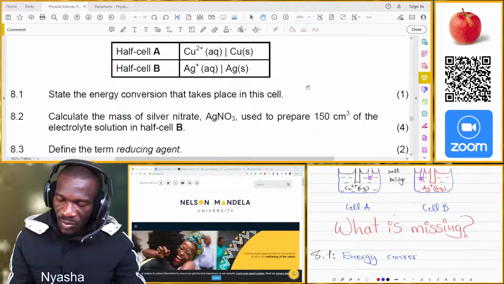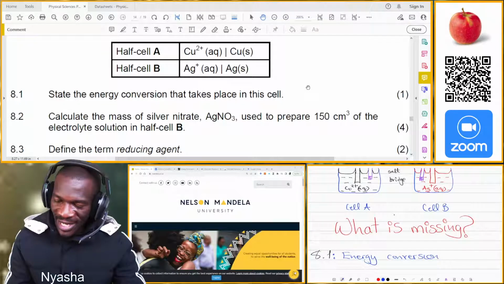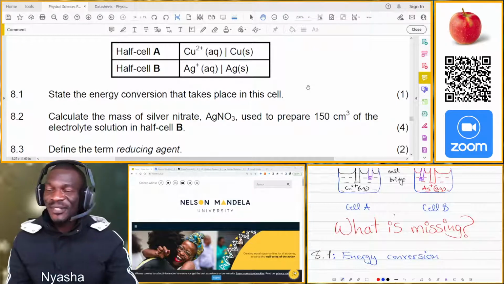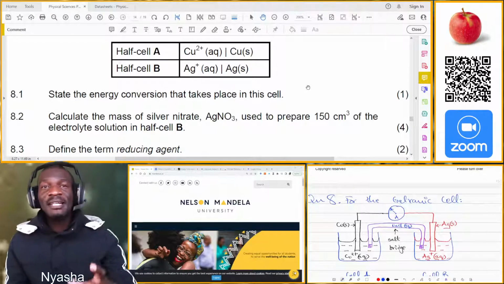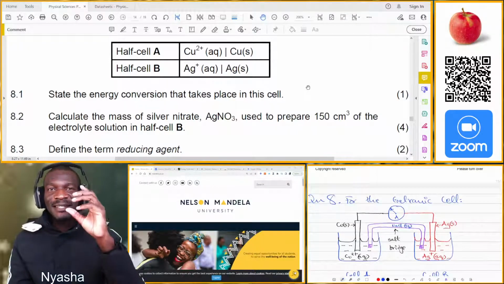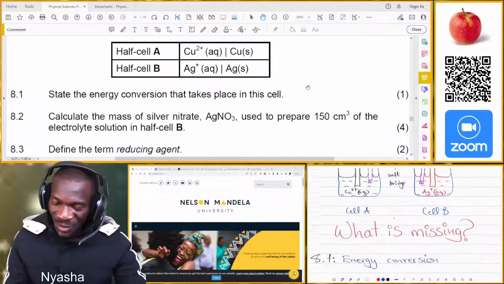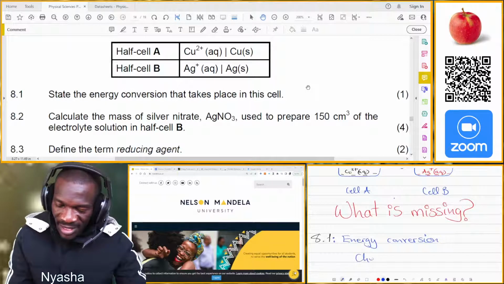What did we say we have here? Remember, this is an electrochemical cell, right? This is a cell. We are actually producing electrical energy. So we are starting from chemical energy to electrical.